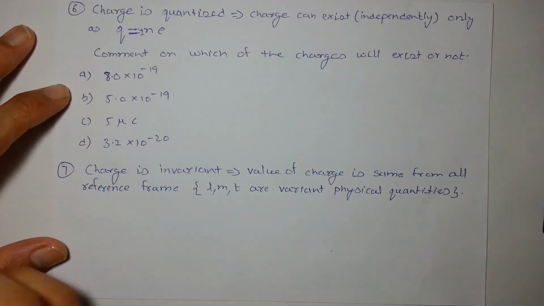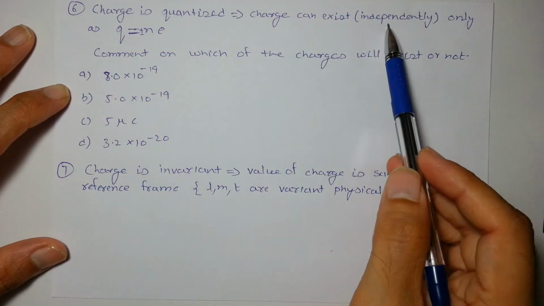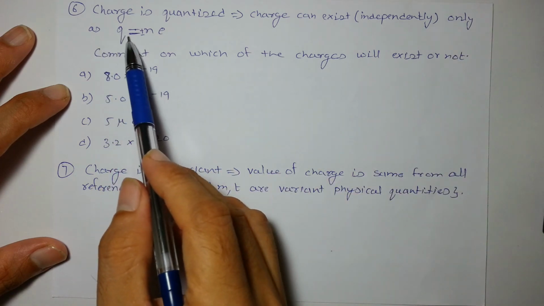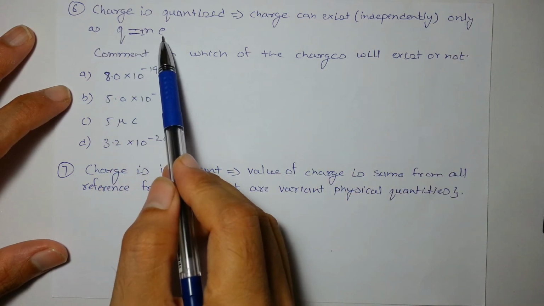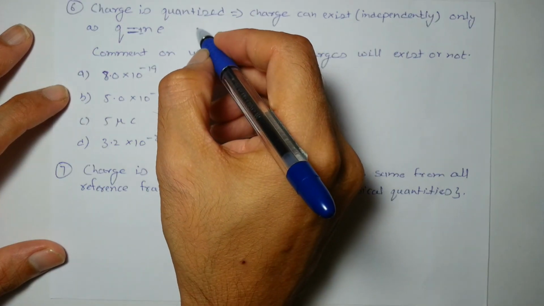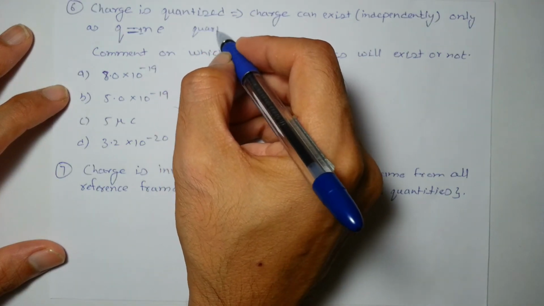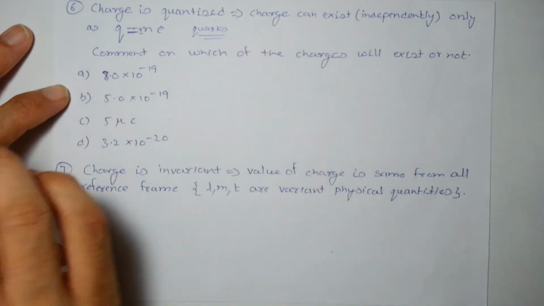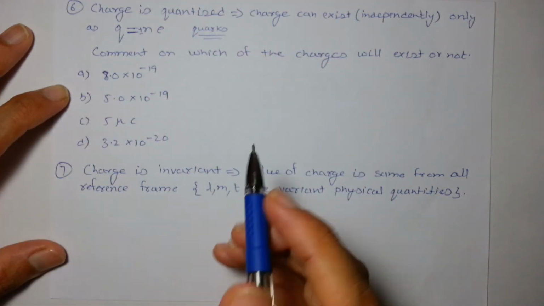The next property is that charge is quantized. Charge can exist independently only in the form Q equal to plus or minus Ne. Now let us talk about quarks. Quarks are not stable components.